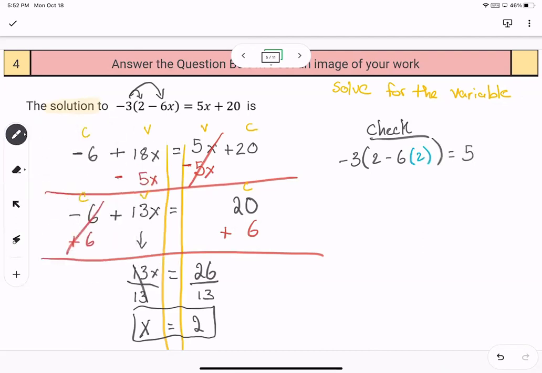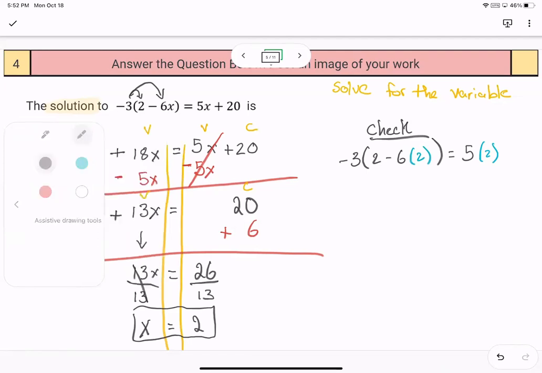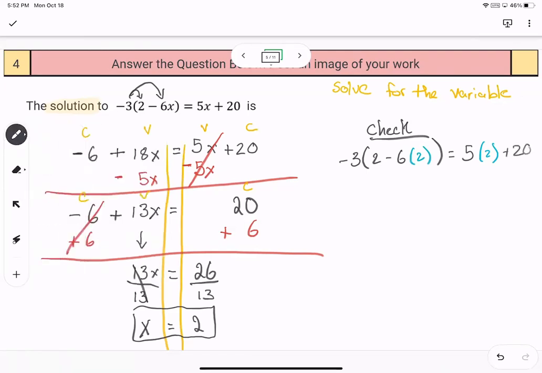Equals 5. We have another x value, so we're going to plug in 2 again. Plus 20. So start inside the parentheses. We have -3 times 2. So again, we multiply first. We have -6 times 2. That is -12.